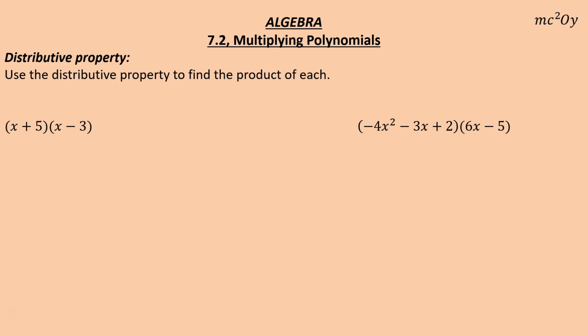So really I'm going x times x, which is x squared, x times negative 3, which gives me negative 3x, 5 times x, which is positive 5x, and notice I'm stacking my like terms this time, and 5 times negative 3, which is negative 15. So when I add, I've got my like terms underneath each other. So I have x squared, I have negative 3 and positive 5, or positive 2x, and negative 15.